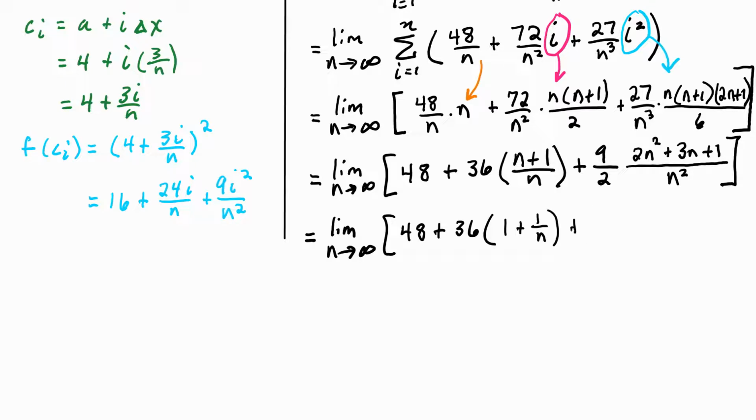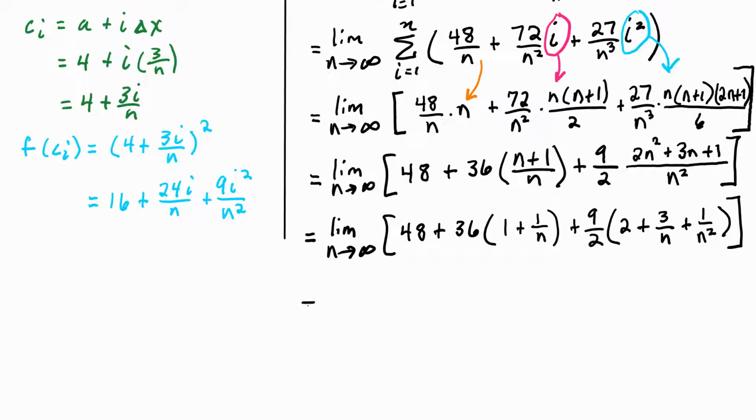Bring down the plus and the 9 over 2, and we can rewrite this rational expression in 3 pieces. 2n squared over n squared becomes 2. Then 3n over n squared becomes 3 over n, and then plus 1 over n squared. Close the parentheses, close the bracket.